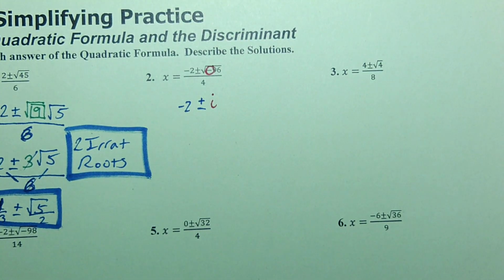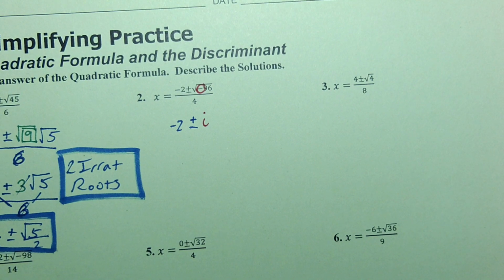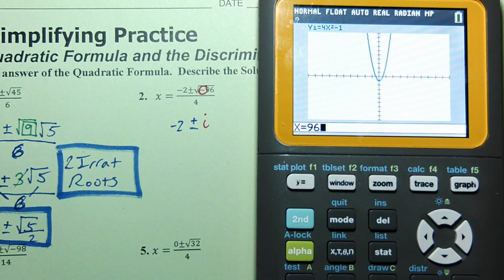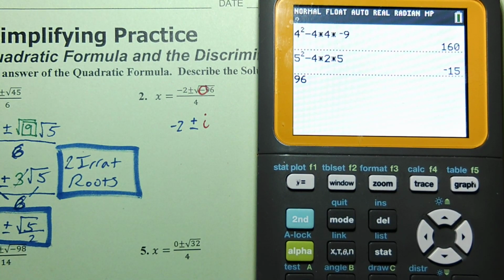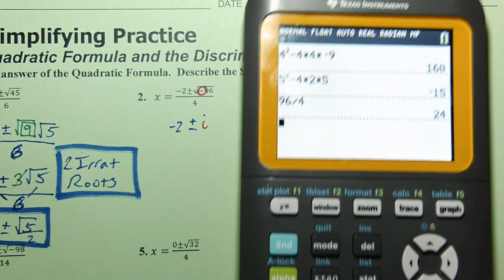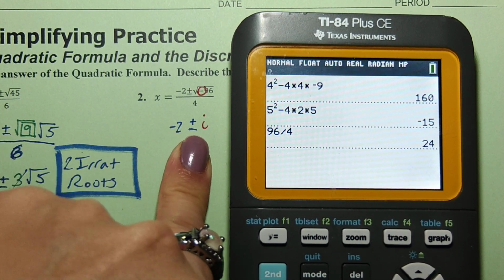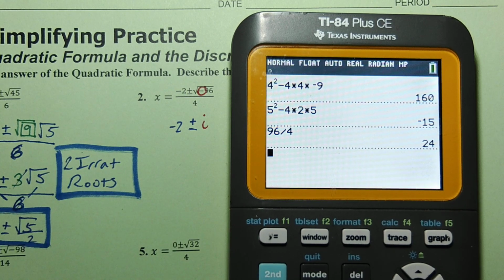Now as far as 96 goes, it is an even number, so I might try to divide it first by 4. And when I do that, I see that I get 24. Are there more perfect squares that we can take out of 24? Yep, I can take out a 4 again.